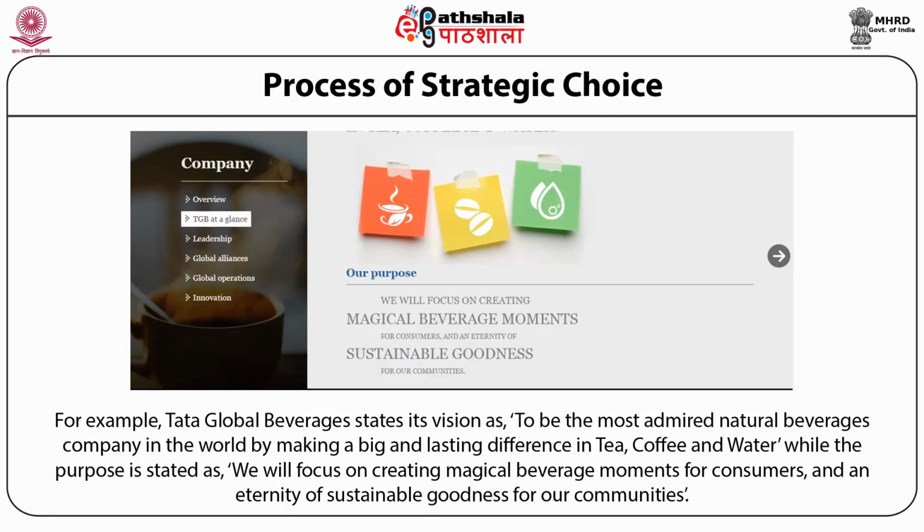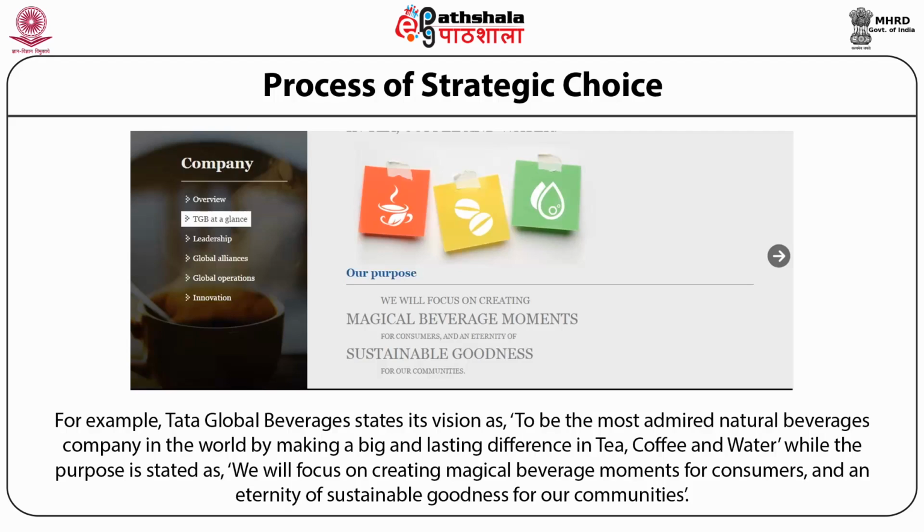From the above vision statement, it is clear that the company's business focus area is natural beverages, that is tea, coffee, and water, whereas it ignored other feasible alternatives in natural beverage segments like juices, nectar, etc.